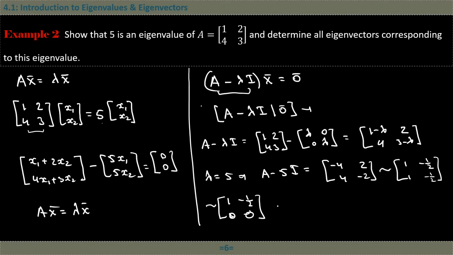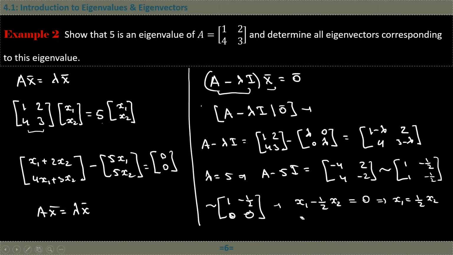From here, if you just write the corresponding system, what do we have here? Here we have x1 minus 1 over 2 x2 equal to 0, right? So that means that x1 is equal to 1 over 2 x2. Then what is that eigenvector? Because that x is our eigenvector, we are looking for this.